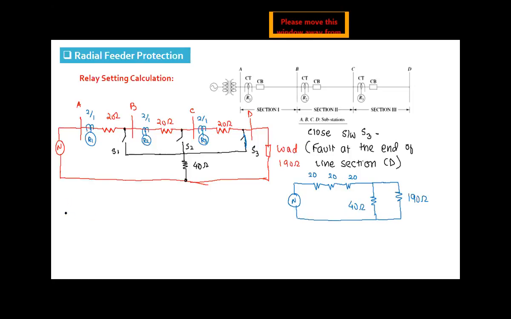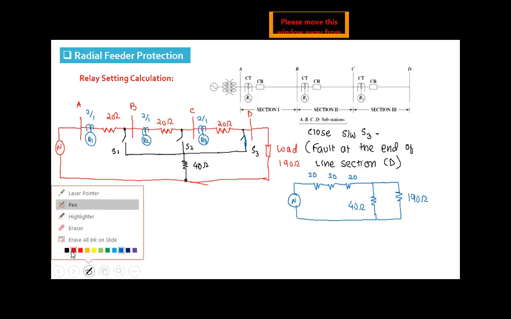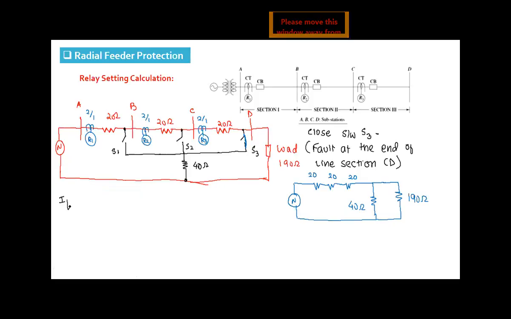So calculate the current. What is the current? Fault current when we close switch S3 is 230 divided by these 3 in series.